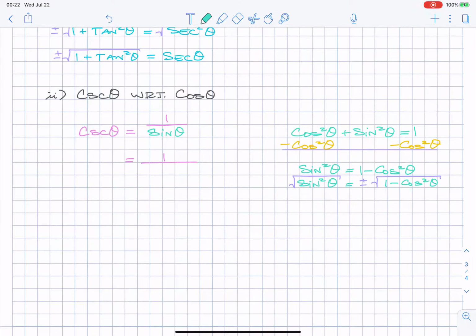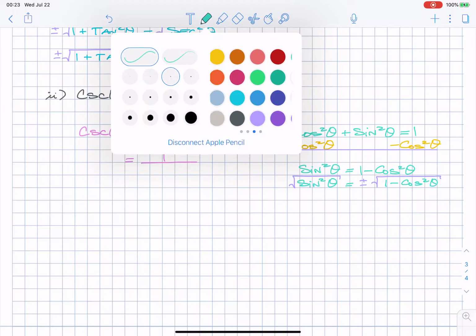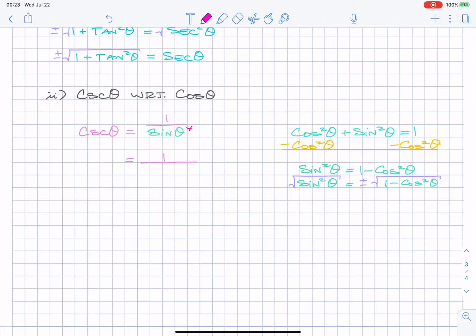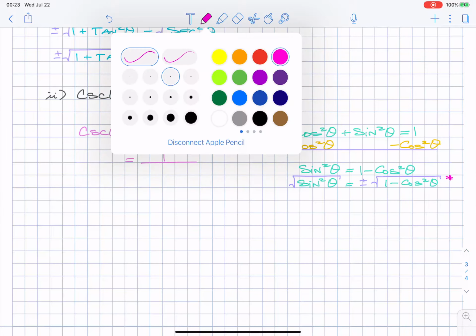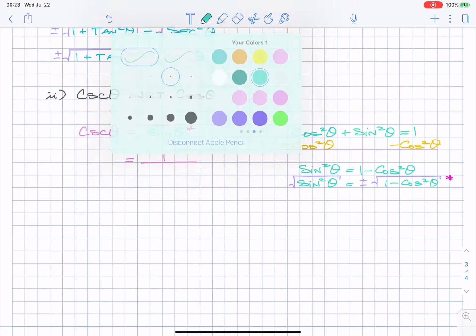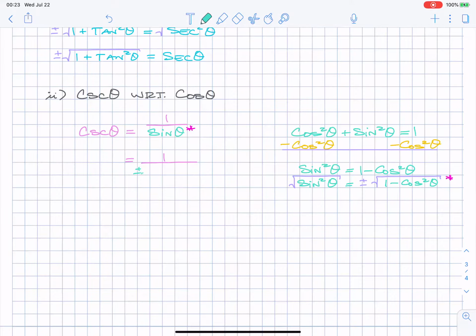So I can replace this sine of theta right here with plus or minus the square root of 1 minus cosine squared theta.